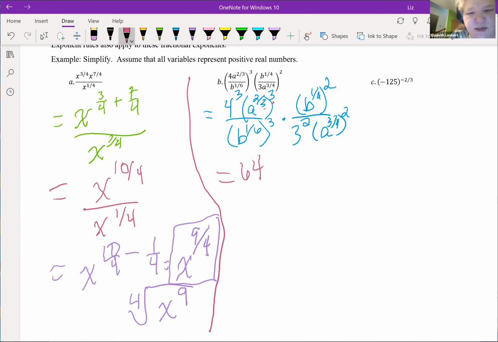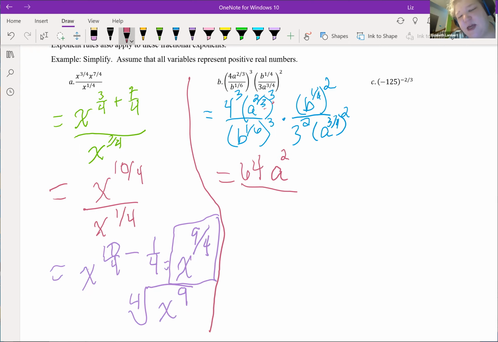All right, so that's a 64. Now a to the 2/3 to the 3. So remember, this is power to a power, just like we were seeing earlier, so they multiply. And the nice thing here is 2/3 times 3. The 3's are going to cancel, and that is just 2. So a squared.